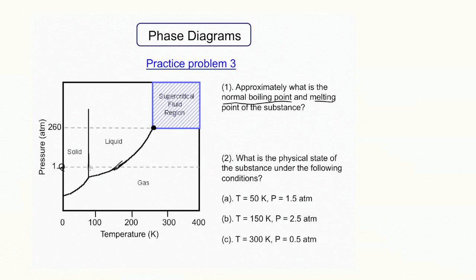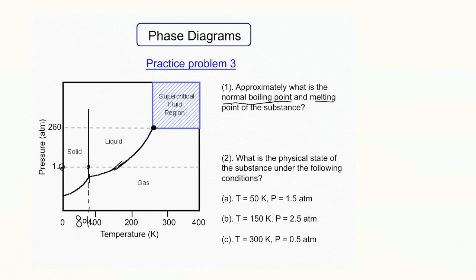Now, when this dashed line intercepts this equilibrium line between solid phase and the liquid phase, the corresponding temperature would be the melting point. As I can see, it's about 80 Kelvin.